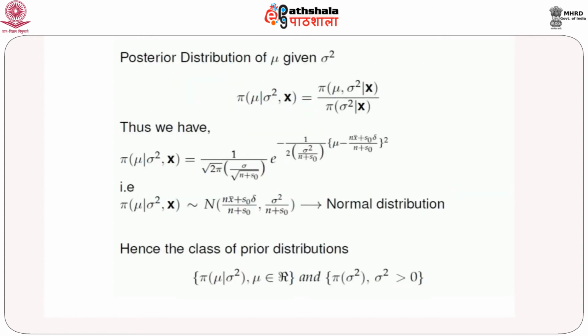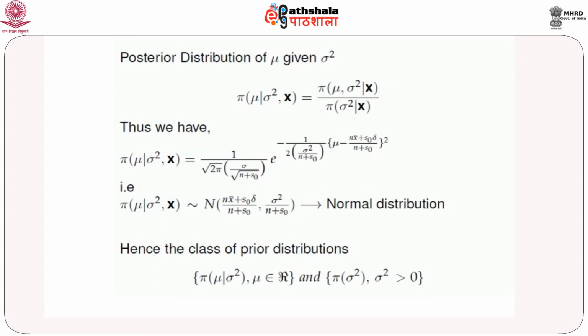With the above posterior distribution of sigma square given the data and the posterior distribution of mu and sigma square given the data, we have, from the very definition of the conditional distribution, the posterior distribution of mu given sigma square and the data.